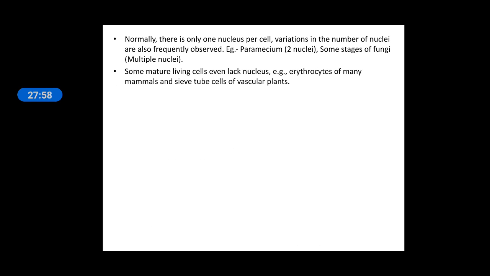Some mature living cells even lack a nucleus, like erythrocytes, meaning RBCs of mammals. Initially they contain the nucleus, but when they mature, the nucleus degenerates. Similar is the case in the sieve tube of vascular plants. The sieve tube of the phloem, when it matures, loses its nucleus, or the nucleus becomes degenerated.